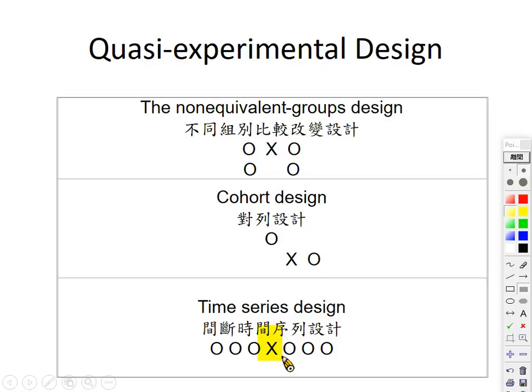So we need to collect data over intervals of time. For example, we collect quarterly data: 1 quarter, 2 quarters, 3 quarters, 4 quarters. So there are a lot of data we collect. And after the treatment, we also collect the same series of data. Okay, then what will that be? Well, basically it will be something like this.